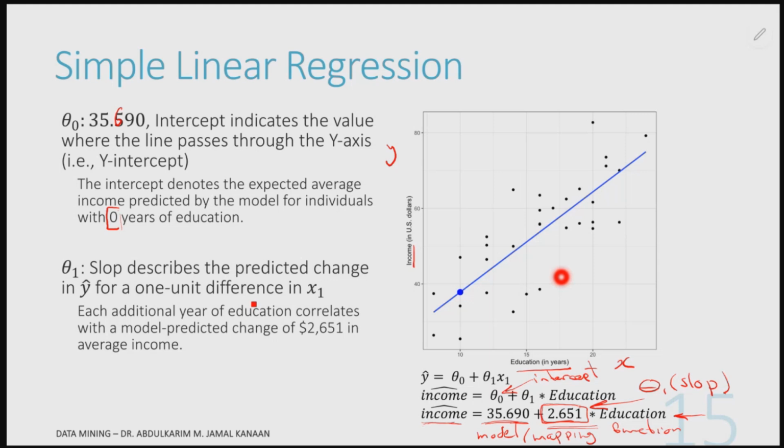So if you want to answer, you say theta 0 here represents the minimum average income the person will get regardless of education, or where education is 0. There's no education. Now, theta 1 represents the average increment on theta 0 that the person will get for each extra 1 year. He's going to have an average income increase of 2.65. That's it. Any question?